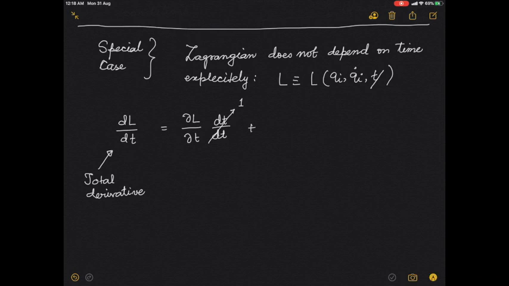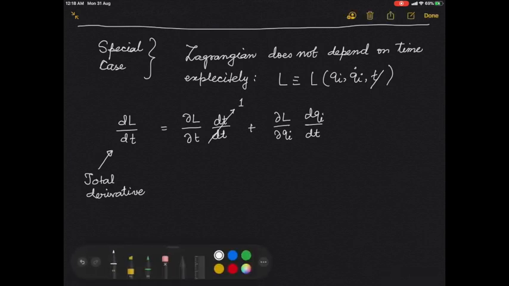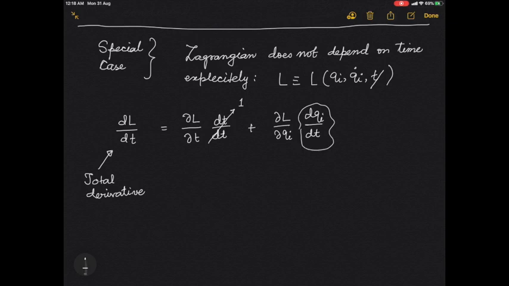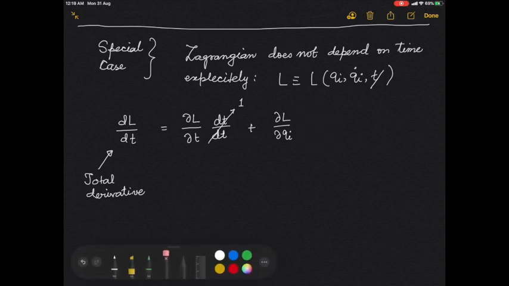Then I will have to write all the others, ∂L/∂qi, times dqi/dt. But you see that dqi/dt is nothing but qi dot, so I can replace that with qi dot. So let me do that.